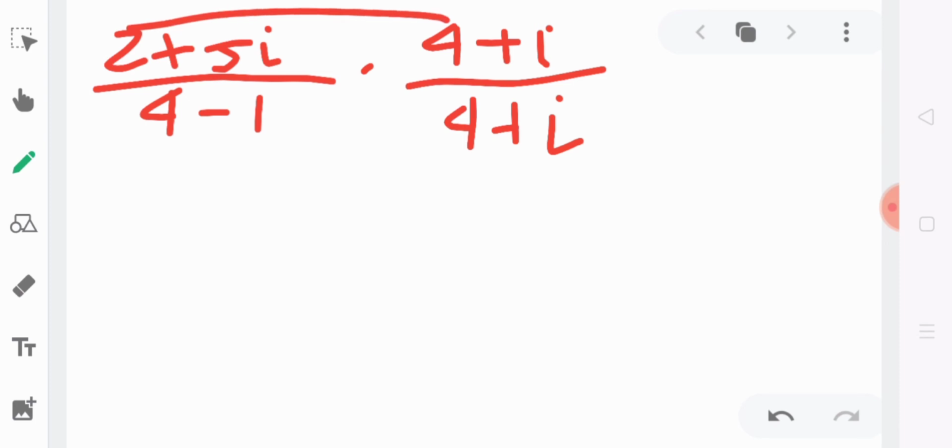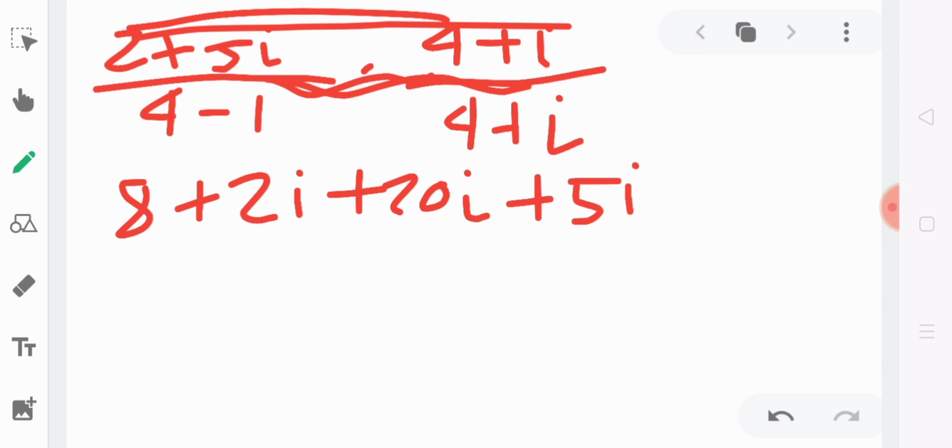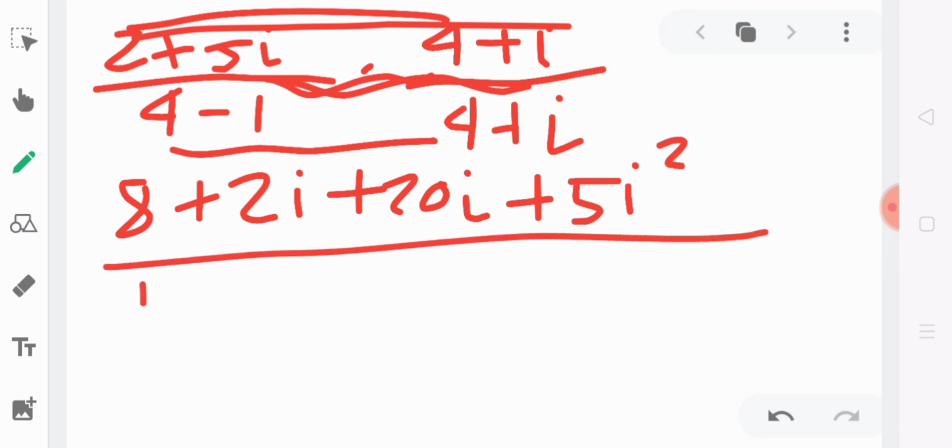So 2 times 4 is 8. 2 times i is 2i. 5i times 4 is 20i. Then 5i times i is 5i squared. 4 times 4 is 16. 4 times i is 4i.